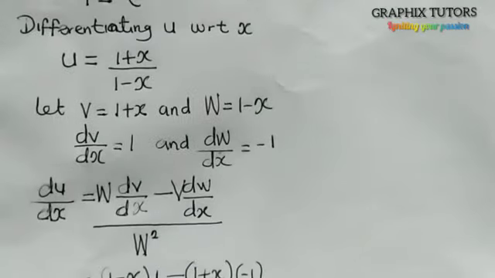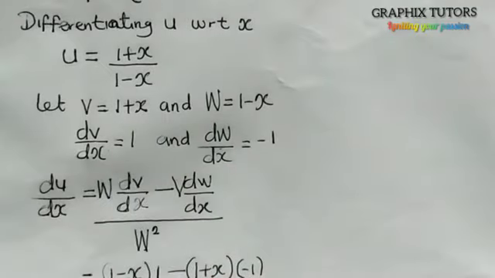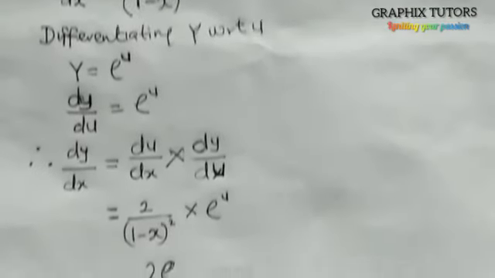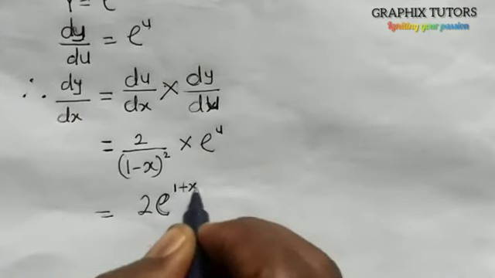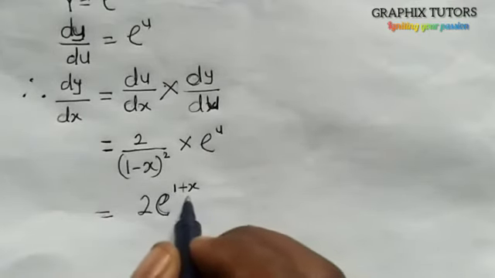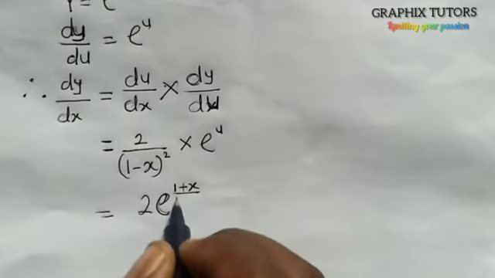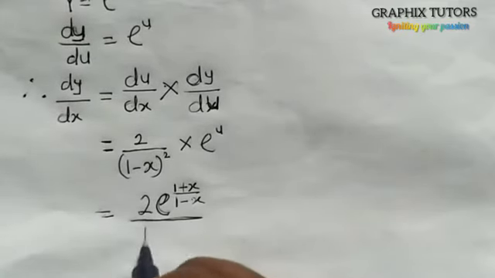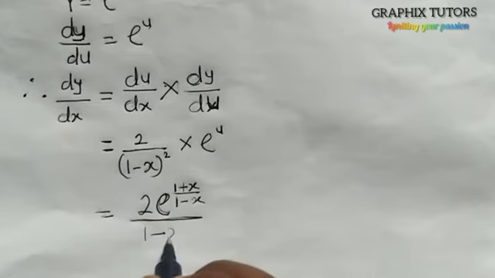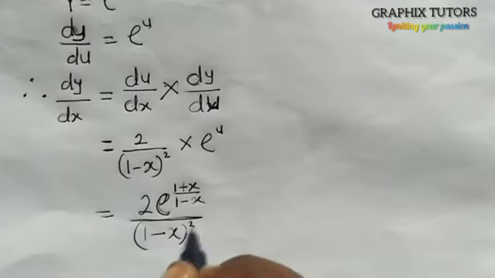It is 1 plus x over 1 minus x. So I'll come here and place it on top: 1 plus x over 1 minus x. Everything all over 1 minus x all squared.